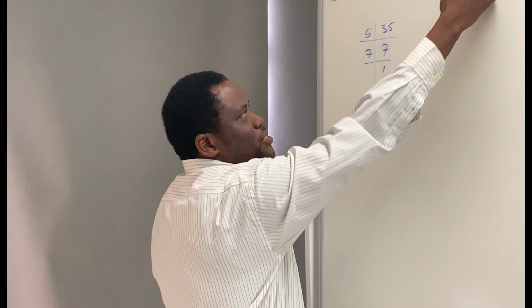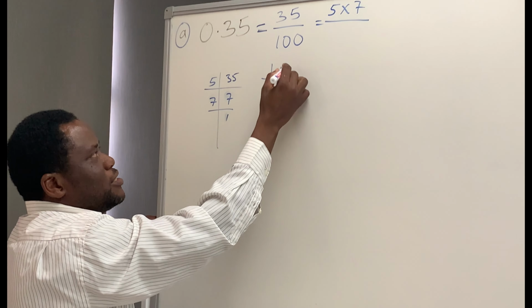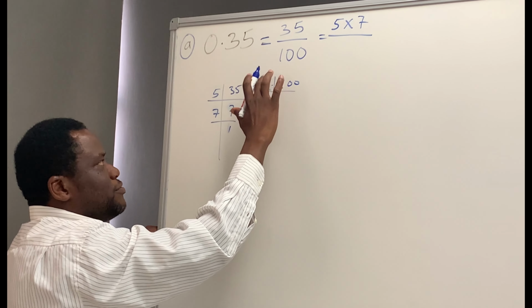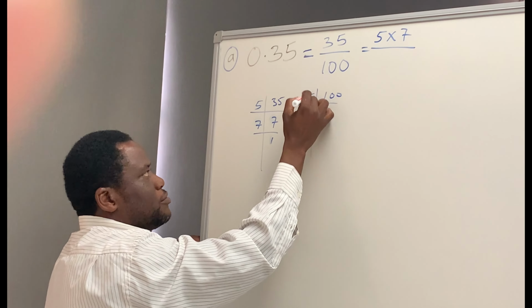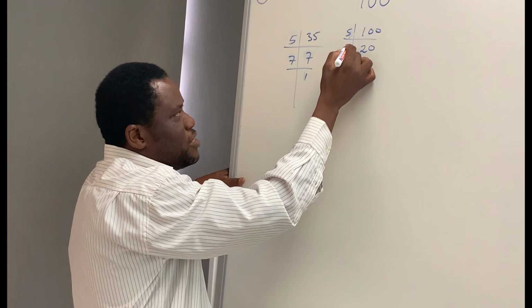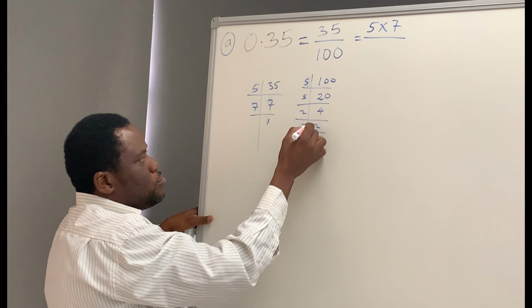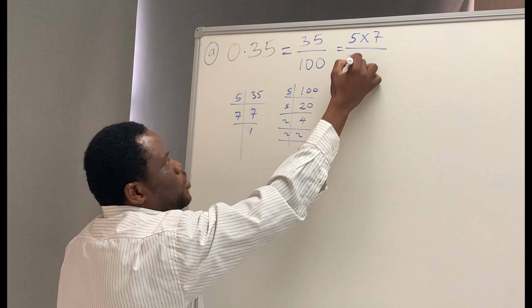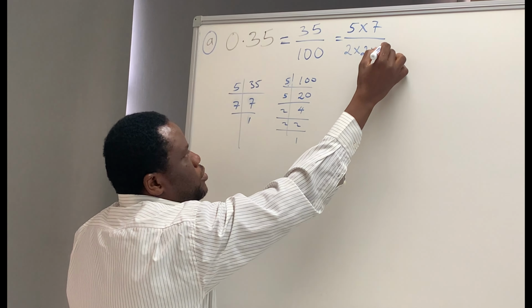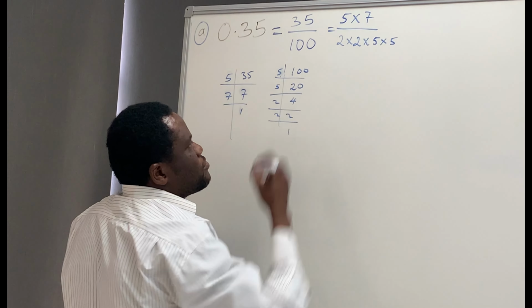If 5 is the lowest here, let's start with 5. 5 goes 20 times. Can 5 go again? Yes, 5 can go again, 4 times. Now, 2, 2, 1. So I can write this as 2 times 2 times 5 times 5.